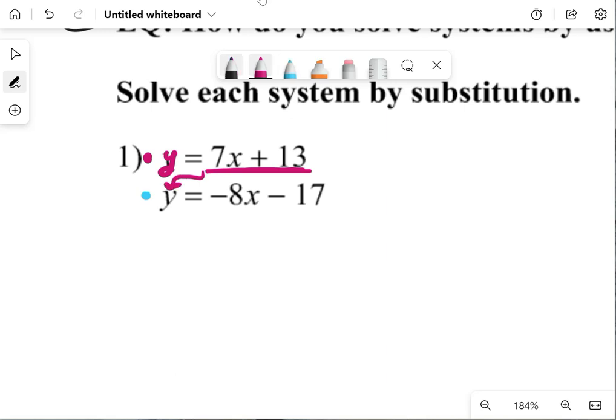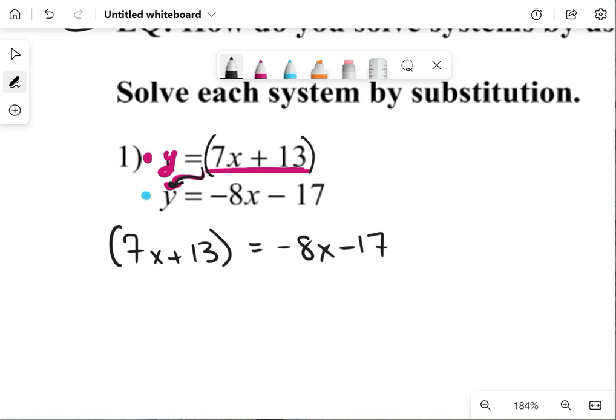What that looks like is literally taking that equation and popping it in where y on the other side is. So basically you have 7x plus 13 is equal to negative 8x minus 17. It takes the place, it substitutes in for that y on the left.